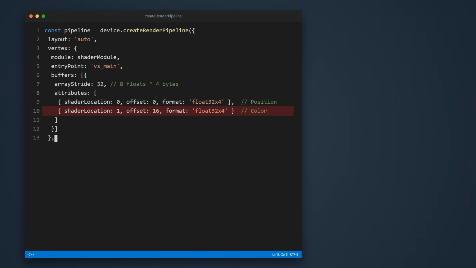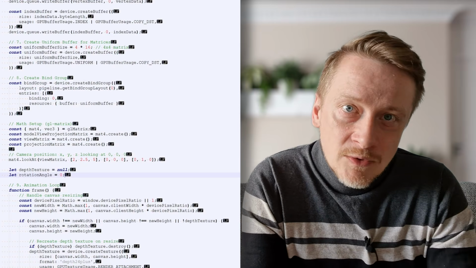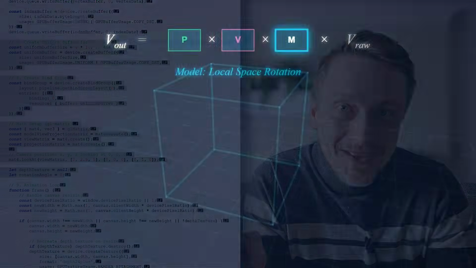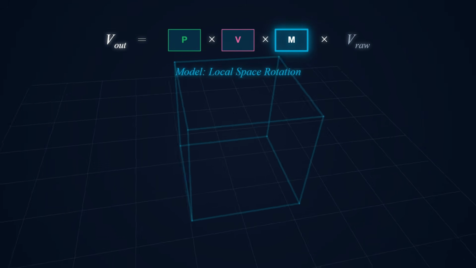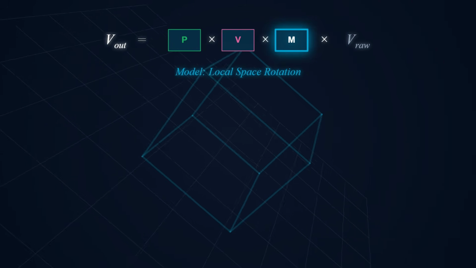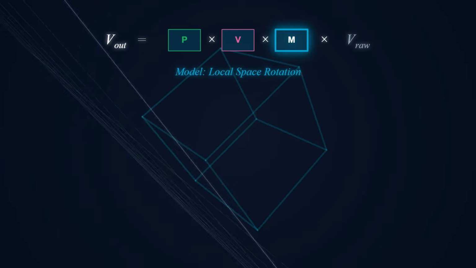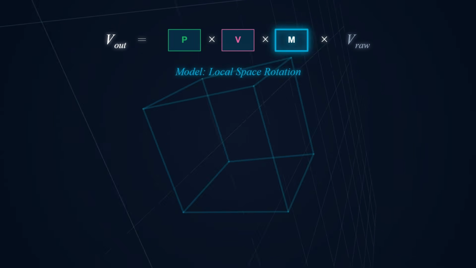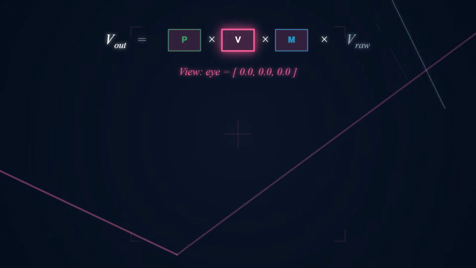To get a 3D object to show up correctly on a flat screen, we apply an MVP matrix, as said before: model, view, projection. We use the lightweight GL matrix library to handle the heavy linear algebra. Model defines the continuous rotation, position, and scale of the cube in local space. View: by default, our camera sits at the exact 0, 0, 0 origin point inside the cube.